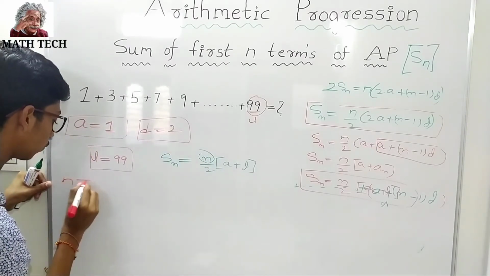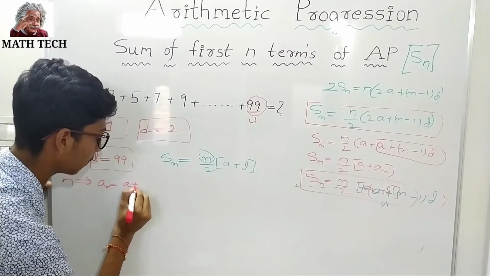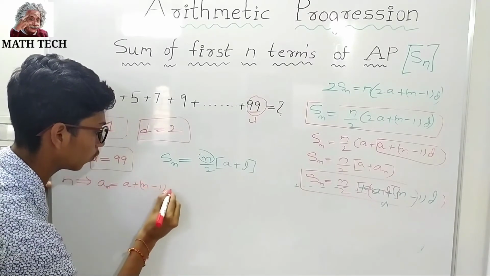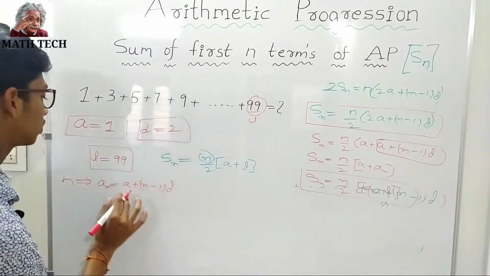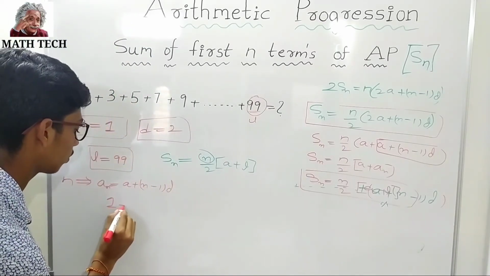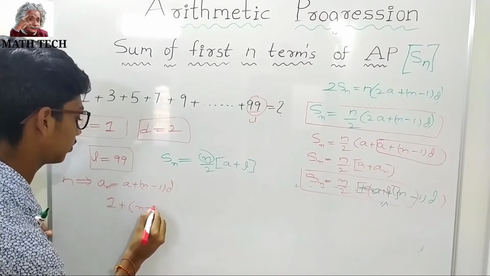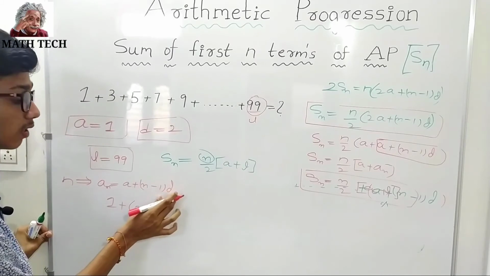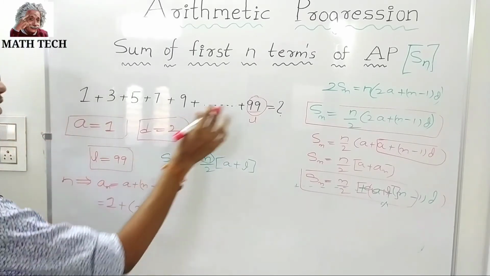To find the value of n, an is equal to a plus n minus 1 into d. What is the value of a? 1 plus n minus 1 into d. What is d? 2. And an, the last term, is 99.